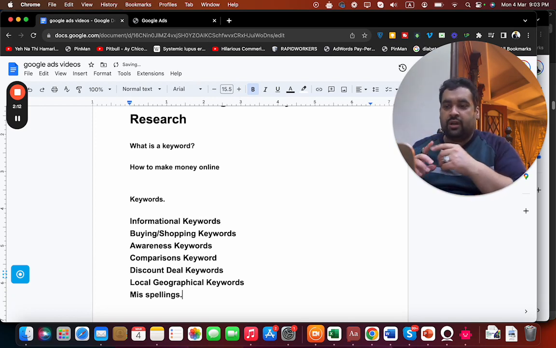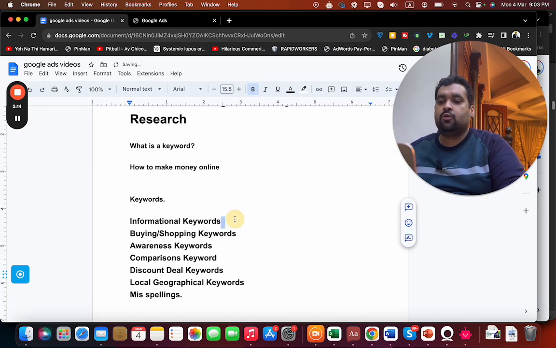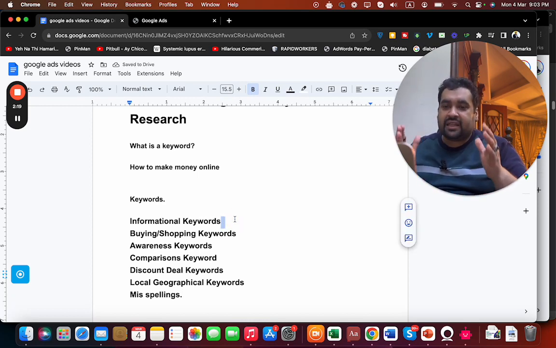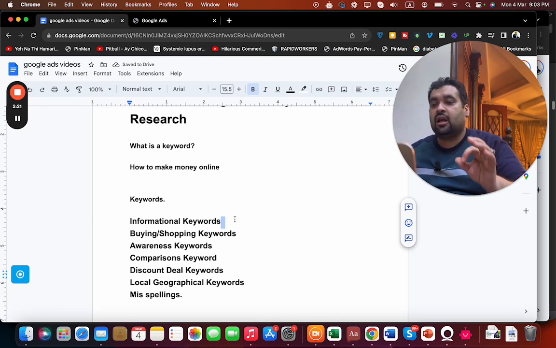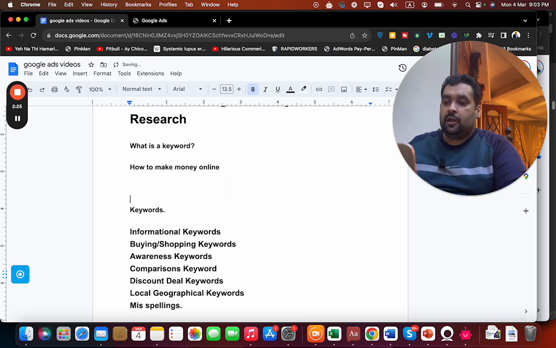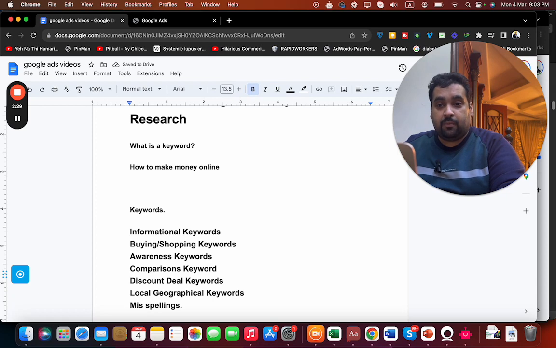One is the informational keyword. Informational keywords are those where you want to know about the product. You need to understand the buying cycle of the consumer while he is searching a particular query. Let's say I am selling a tool through which you can create a perfect Google Ads campaign, or a Google Ads service.